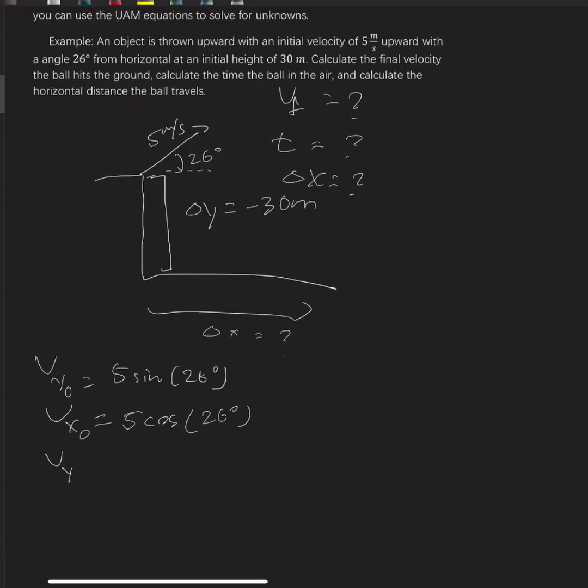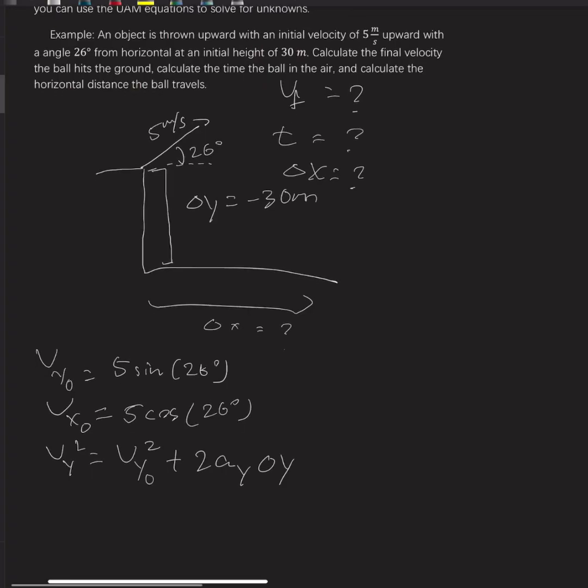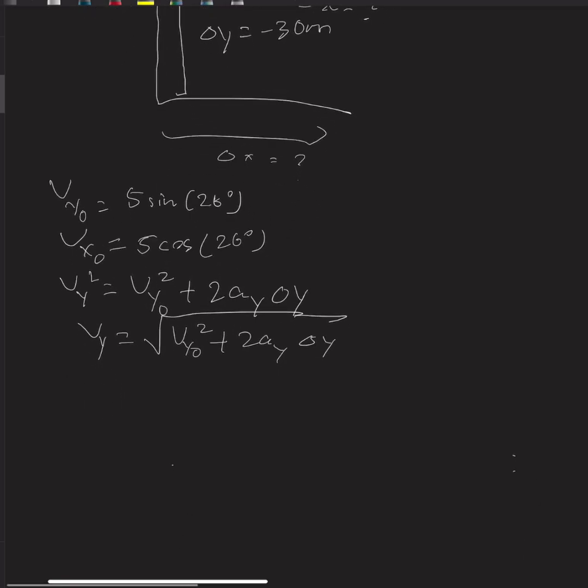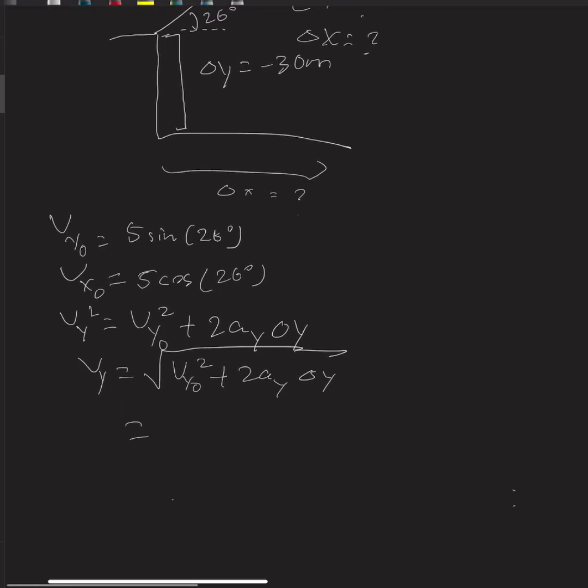So velocity in the y direction squared is equal to velocity in the y direction squared initial plus 2 times acceleration in the y direction times change in y. We don't know what the final velocity is, and we know everything else. So let's solve for the final velocity in the y direction: the square root of initial velocity squared plus 2ay delta y. So we can substitute in values.